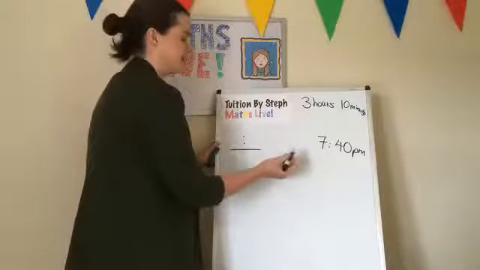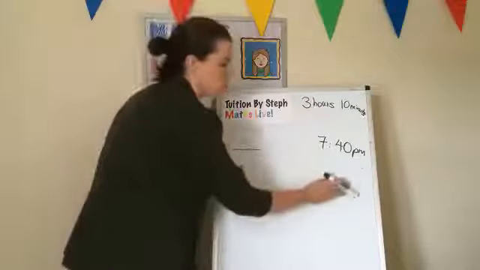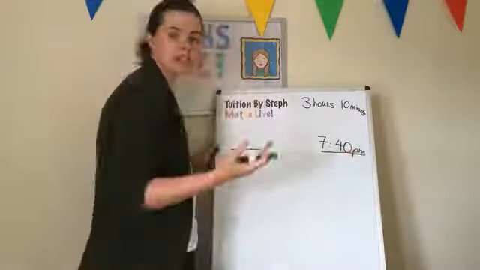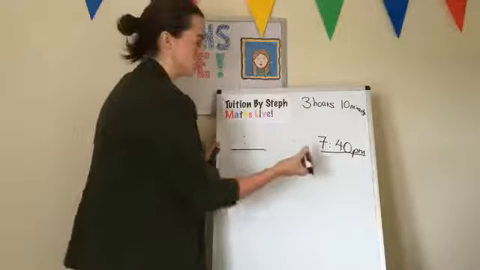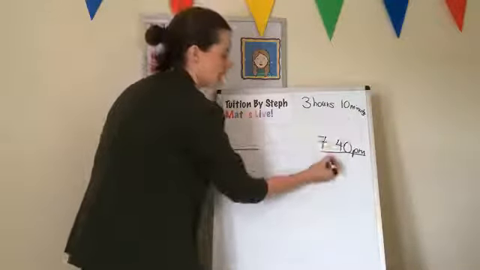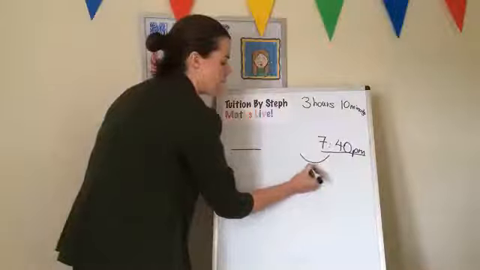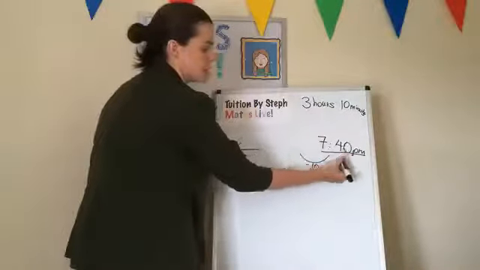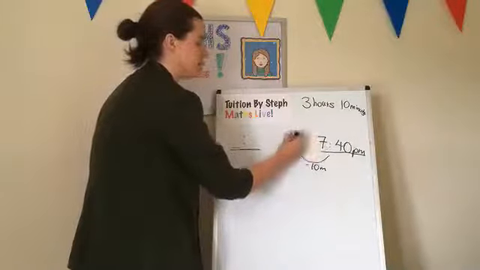So this is now a takeaway. We need to work backwards. So again, let's do it in steps. This time I'm going to do the minutes first. So I'm going to take away 10 minutes. So 40, take away 10 is 30.